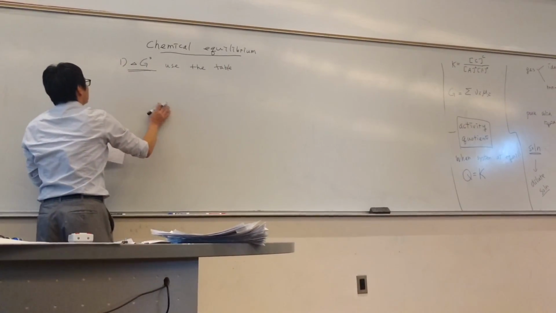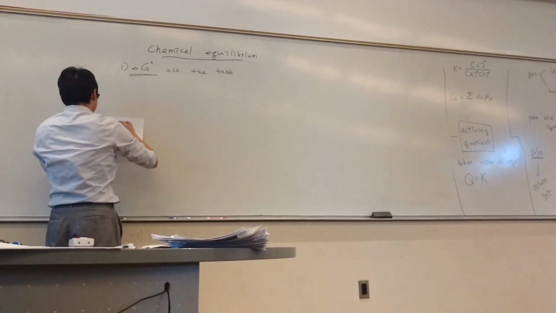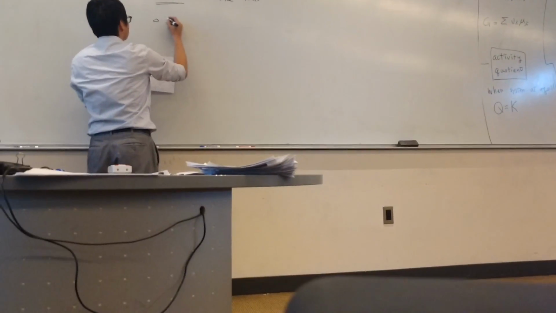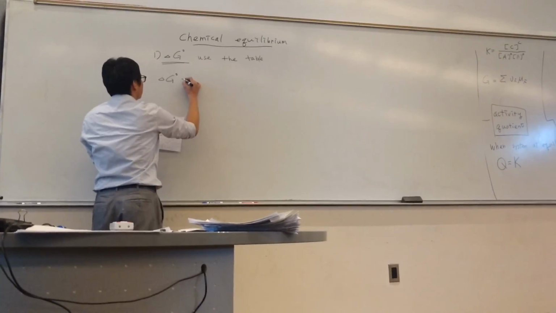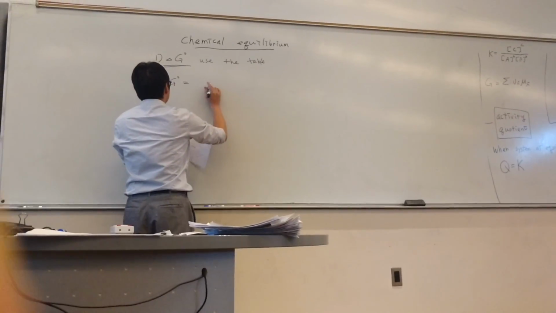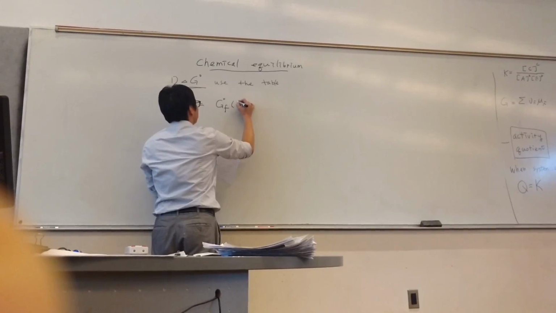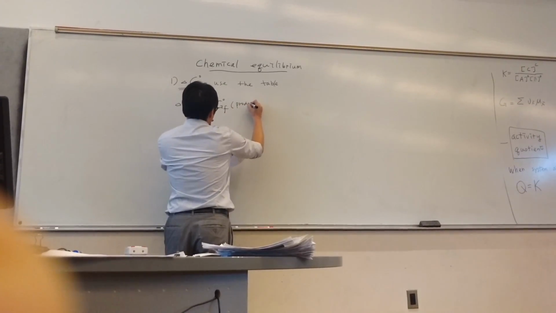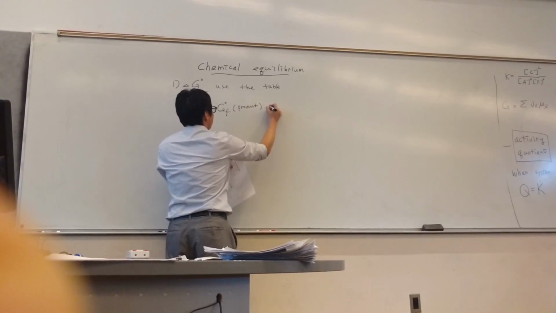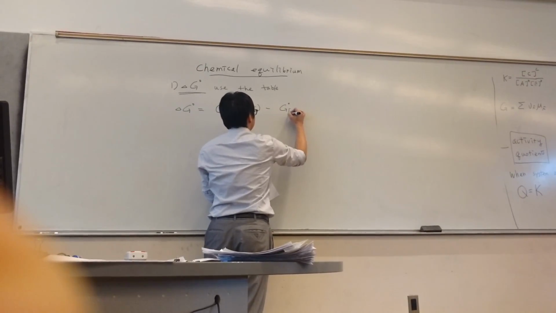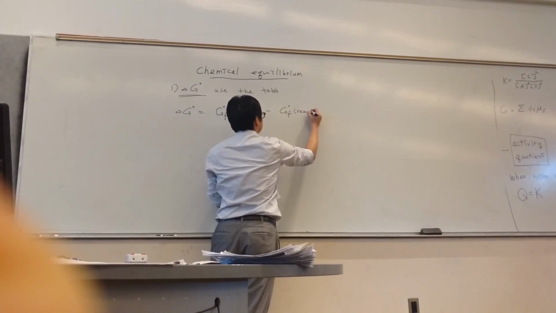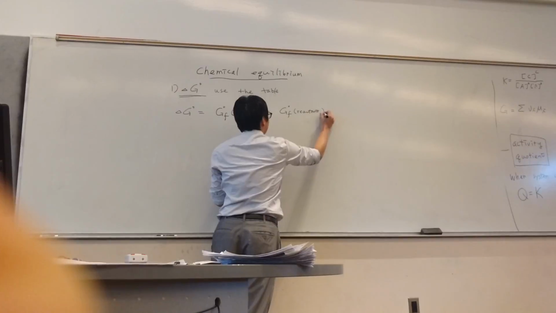Okay, so you have reactants and products, then the delta G naught for your system is going to equal the G naught of formation of your products minus the G naught of formation of your reactants.